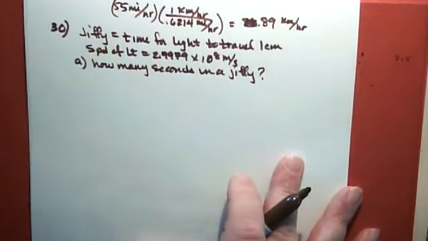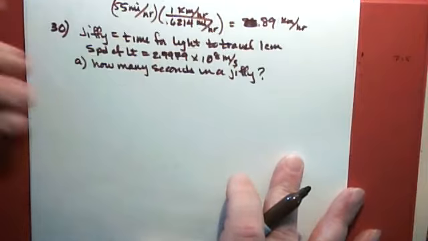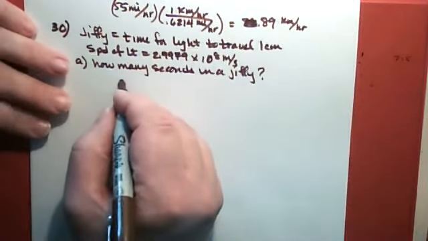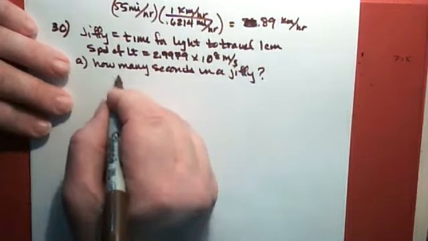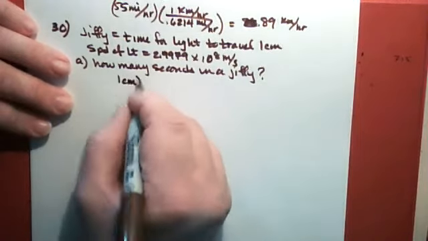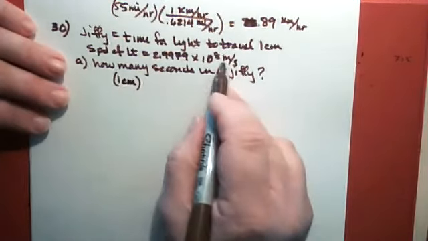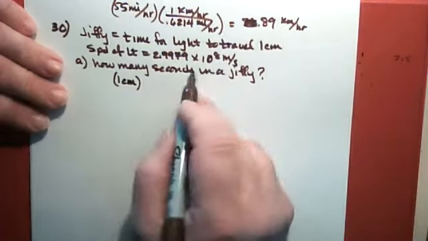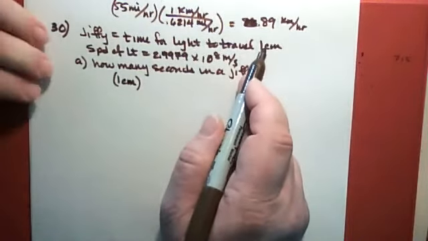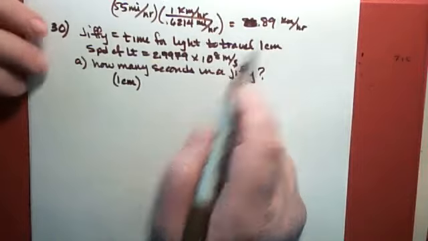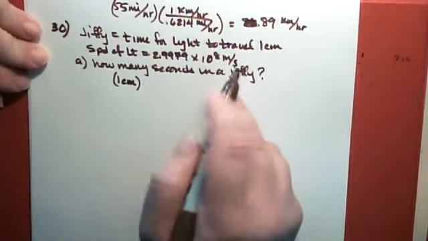Okay, so basically what we want to know is how many seconds it takes for light to travel 1 centimeter. And we have the speed of light in meters per second. So what we need to do is get those units to be the same. Either we have to change the distance we're measuring to meters or change the speed of light to centimeters per second.